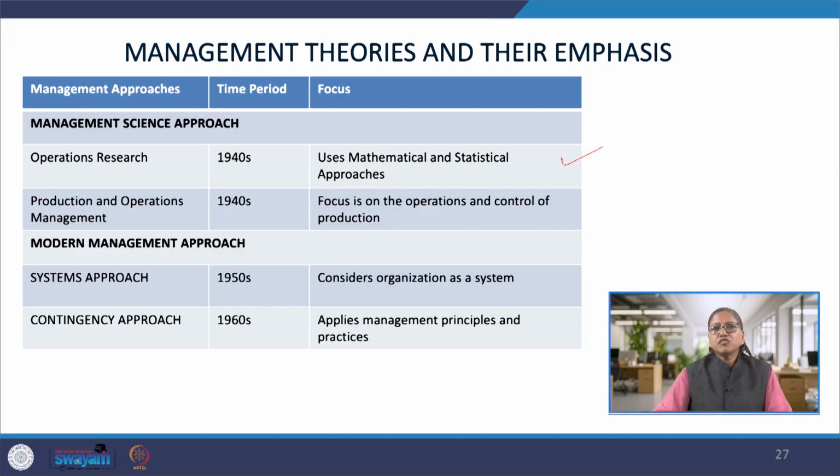The contingency approach applies management principles and practices as dictated by the unique characteristics of each situation. So, there has been a transformation over time from the scientific management school, classical organizational theory, behavioral school of thought, management science, systems approach, contingency approach and dynamic engagement approach.